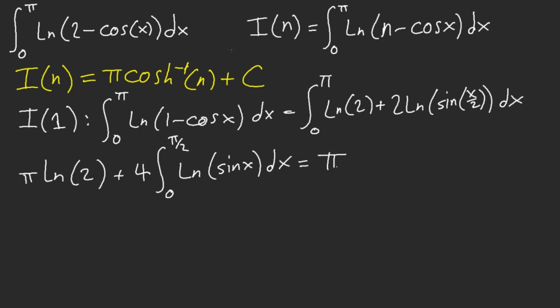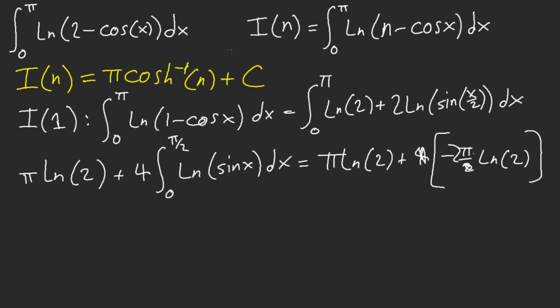This is pi ln of 2 plus 4 times, and the integral of this is simply negative pi over 2 ln of 2. Thank God we know it. Okay, this cancels out to be negative 2 pi ln of 2. And so now we see that this whole I of 1 is equal to negative pi ln of 2.